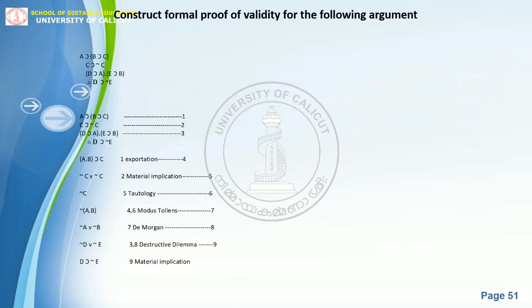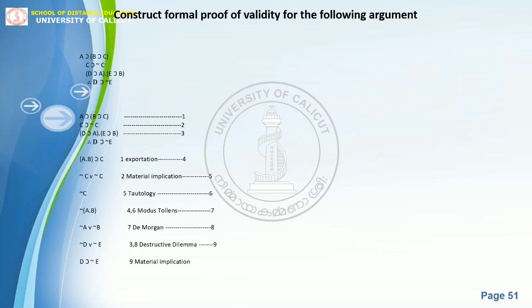That is, first, A implies (B implies C), and B implies C is in bracket, and C implies negation C. D implies A conjunction, E implies B, therefore D implies negation E. So first of all we have to look at what the conclusion is, and our intention is to derive the conclusion using the rules of inference and the rules of replacement. First we have to index: the first premise is numbered 1, the second premise is numbered 2, and the third is numbered 3, and the conclusion has no numbering.